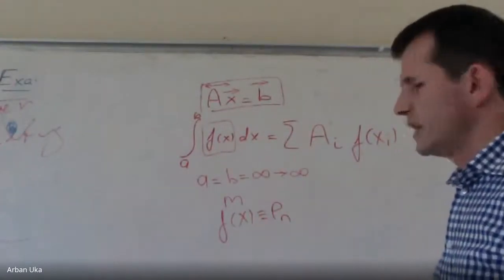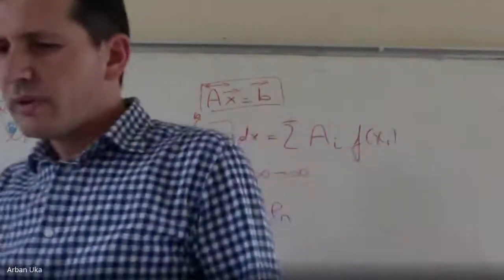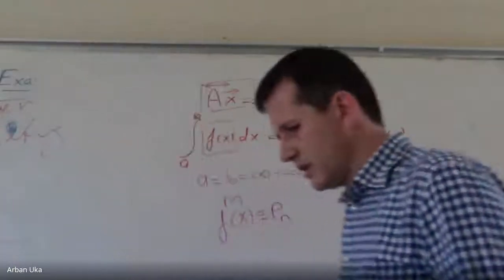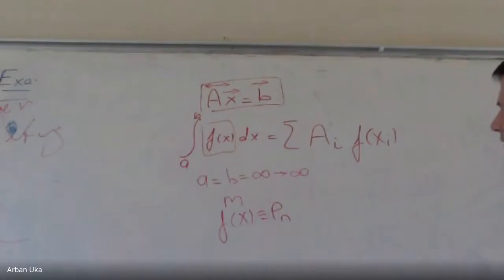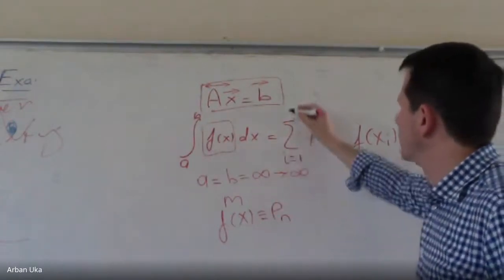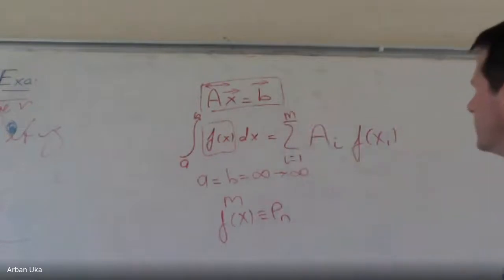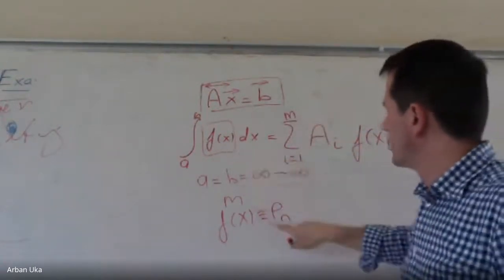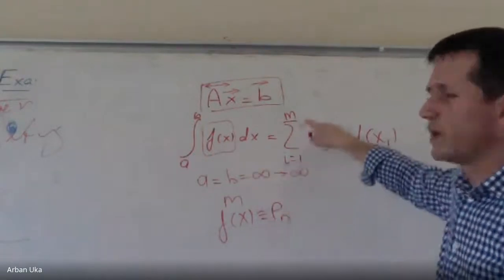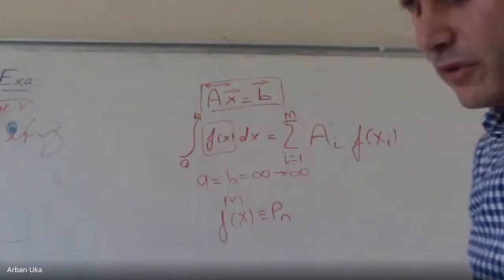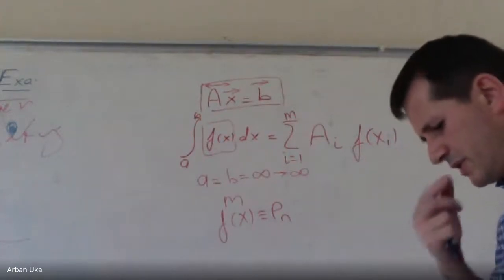So if this is Pn, do you remember what is the relationship between m and n? This i goes from 1 to n, so this is how many terms we are going to have. So if we have a polynomial of degree n, we need to identify m different terms. And that's what we have to look for in the specific table.